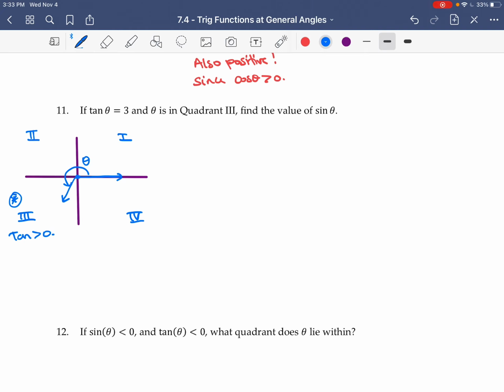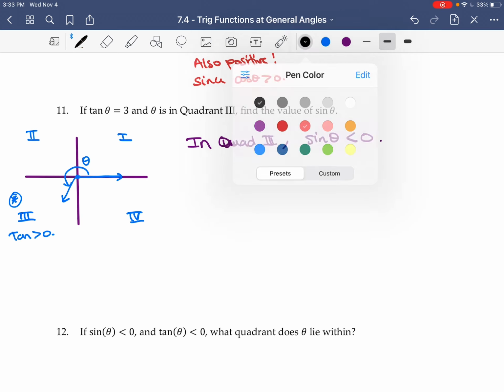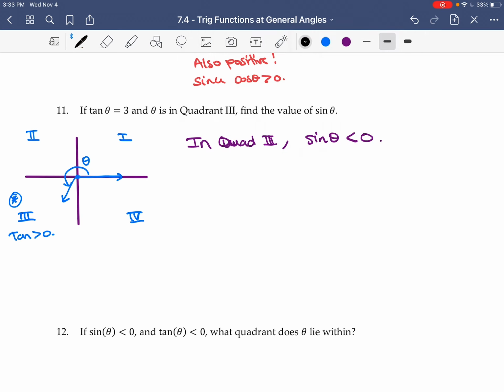So in quadrant 3, we know that sine of theta is less than 0. So we could make our triangle. I didn't draw this very well, but I'm going to make it little here and then make a bigger version.